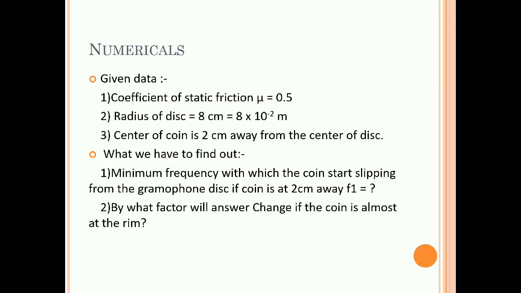So what we'll take here: the coefficient of static friction is given as mu equal to 0.5. The radius of the disc is given as 8 centimeter, so it will be 8 into 10 raised to minus 2 meter. The center of the coin is 2 centimeter away from the center of the disc. What do we have to find out?